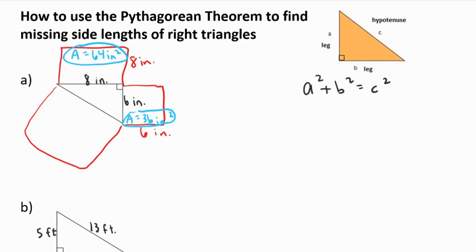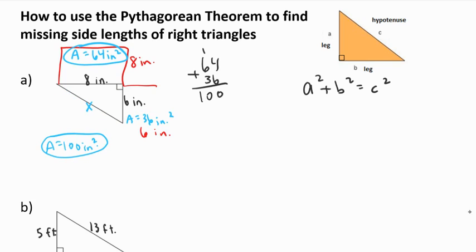Okay, so I have 64 and 36, so let me add those up. That's going to give me 100. So I know that the area of the hypotenuse is going to be 100 inches squared. And now our job is to figure out what the missing length is right here. That's what we're trying to solve for.